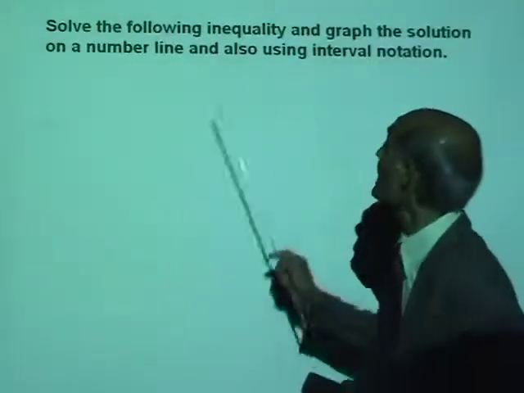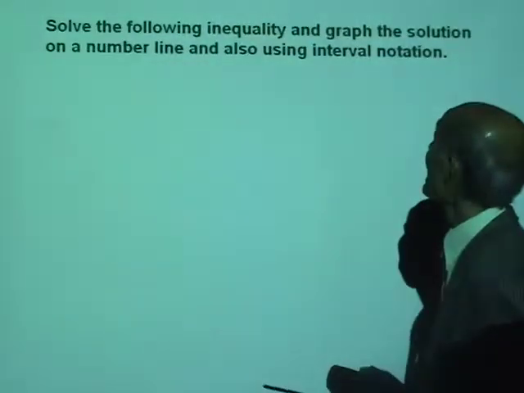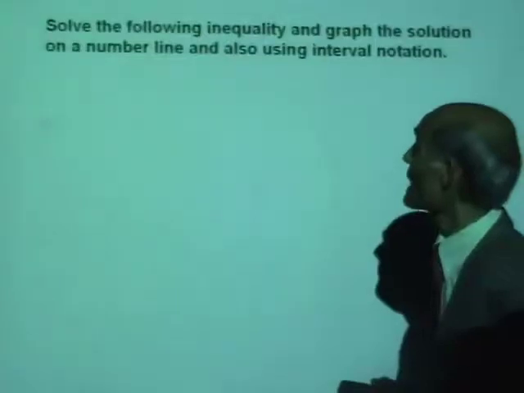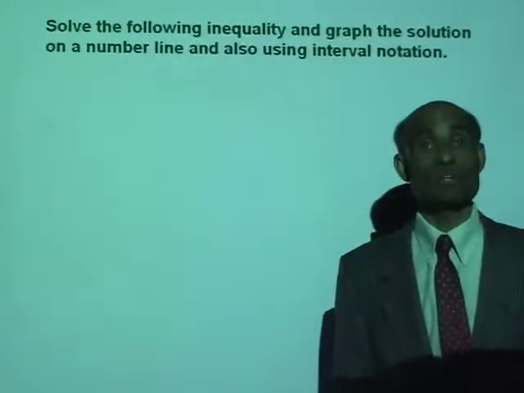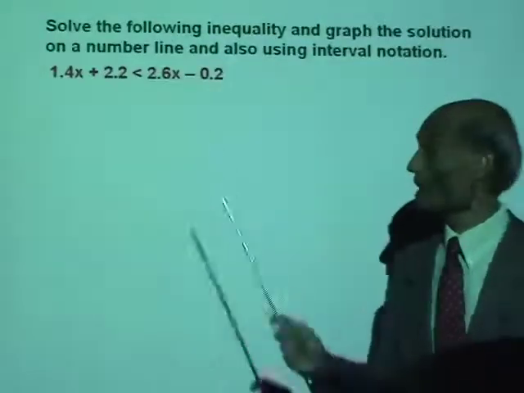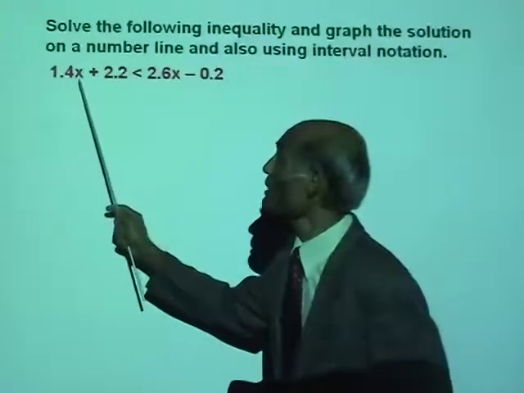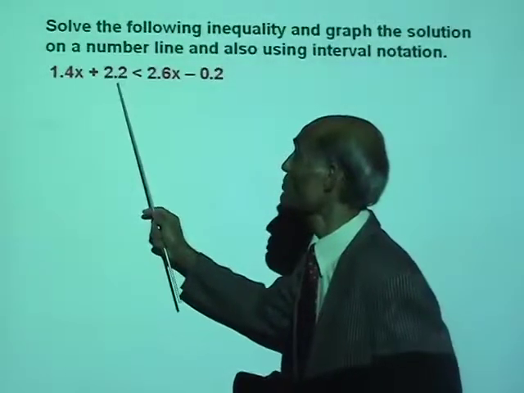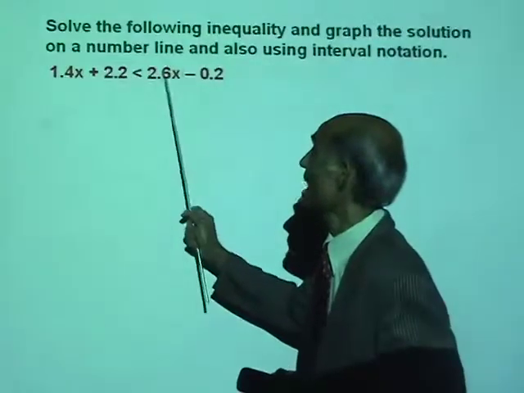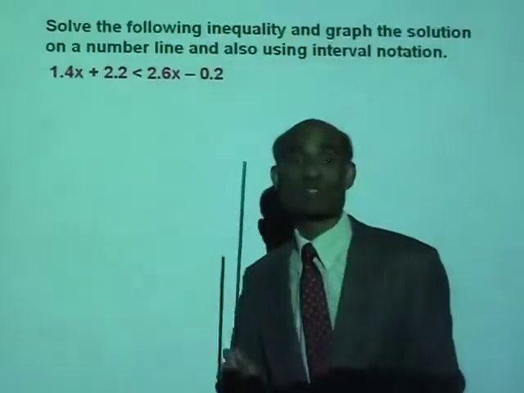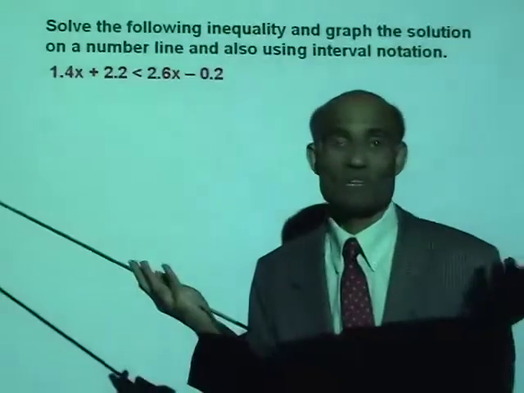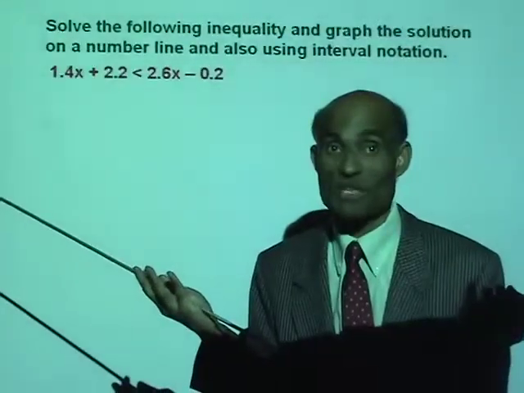Solve the following inequality and graph the solution on a number line, and also using the interval notation. Okay, that is 1.4x plus 2.2 less than 2.6x minus 0.2. But there is no difference here. The same thing.